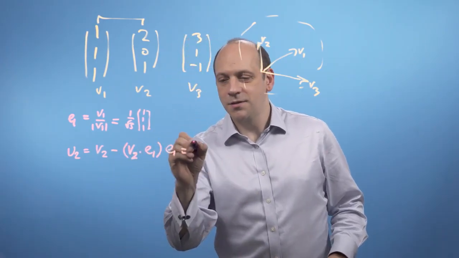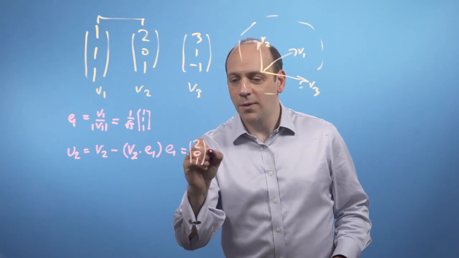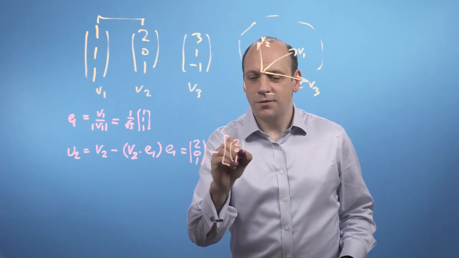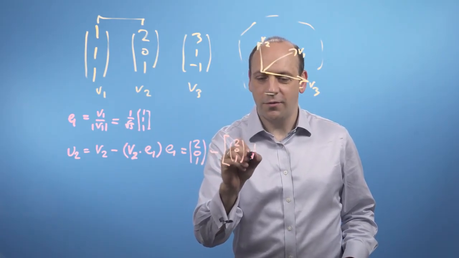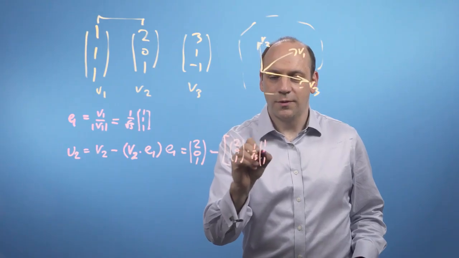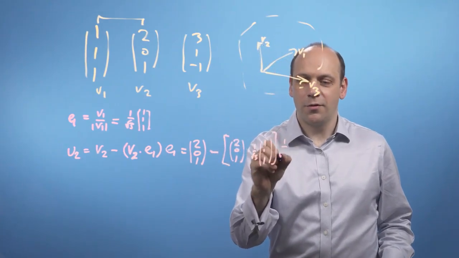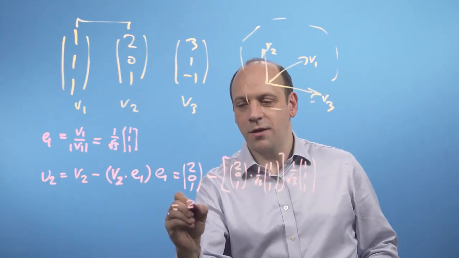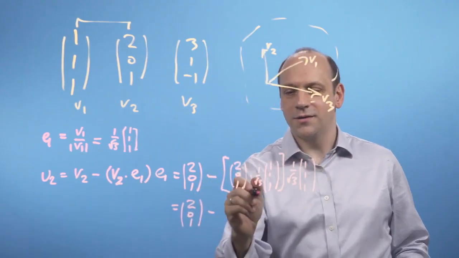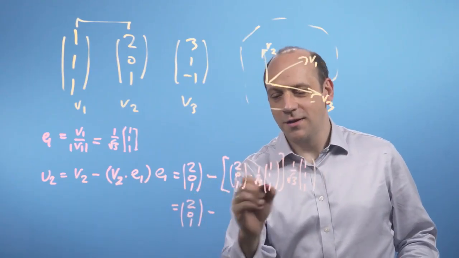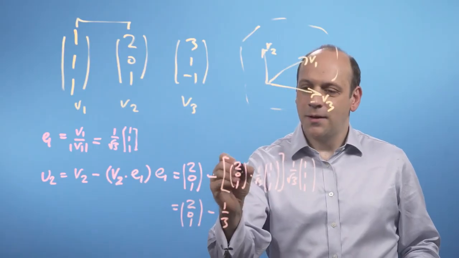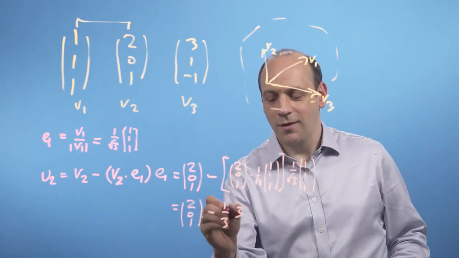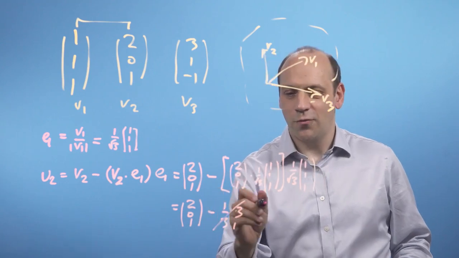So that's going to be (2, 0, 1) minus (2, 0, 1) dotted with e1, which is 1 over root 3 (1, 1, 1), times 1 over root 3 (1, 1, 1), because that's e1. So that's (2, 0, 1) minus, the root 3s are going to come outside, so I can just have them being a third. (2, 0, 1) dotted with (1, 1, 1) is 2 plus 0 plus 1, which is 3. So that actually goes and has a party and becomes 1.